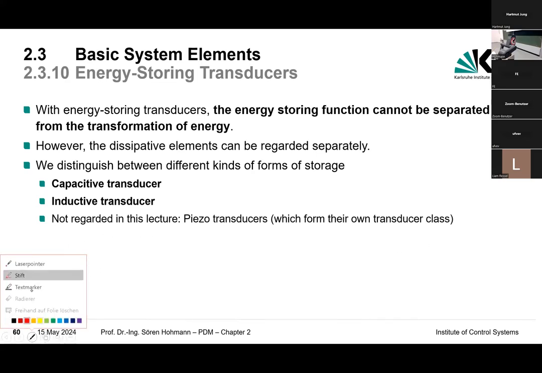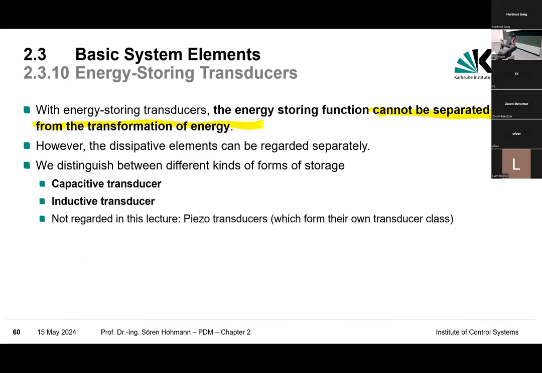I will give you some examples in the sequel. So please take this as the main takeaway. We cannot subtract more or less the storing principle from the transducing principle. So that's different to what we've seen before.